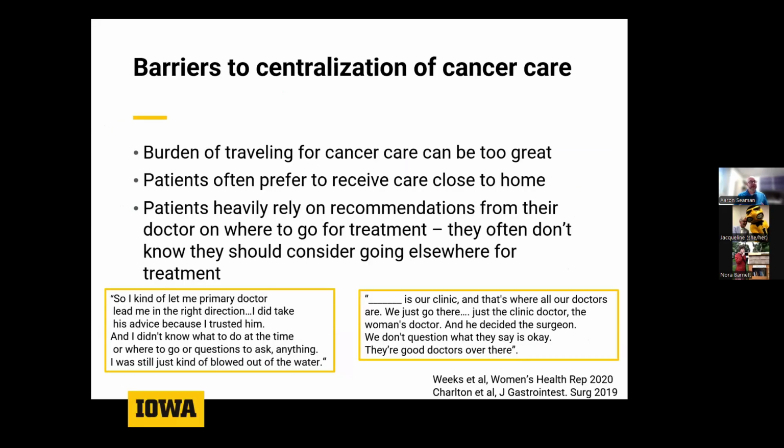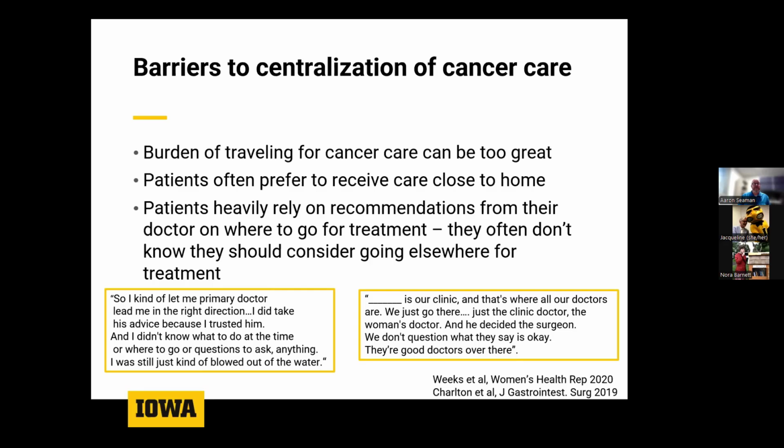However, there are several barriers to increasing access to cancer care in somewhat traditional ways of how we think about increasing access. So there are barriers to the centralization of cancer care, including the burden of traveling for cancer can be too great.